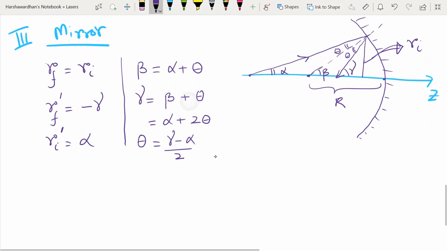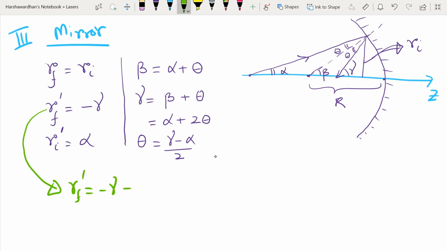So let me now do these equations one by one. Let's take the first equation, which is Rf prime is minus gamma. So I can write down Rf prime, which is minus gamma, which is equal to alpha minus 2 beta. You can clearly see that from here.